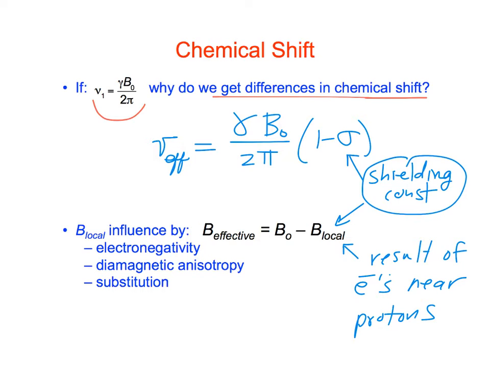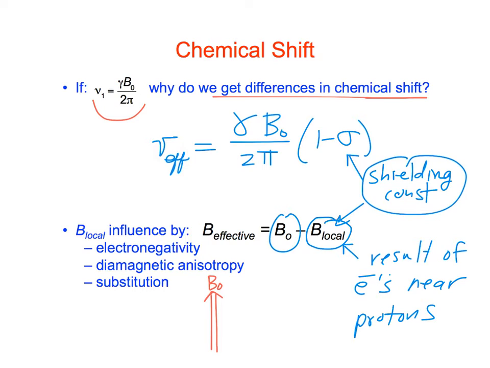I don't know how to calculate the sigma, but the way to think about it is B0, this is the applied magnetic field, the magnet. The local, B local, is the magnetic field that's created by the electron density. Okay, and that electron density, essentially what we have is something like this. Okay, so here is B0. This is the amount of magnetic field that's applied.